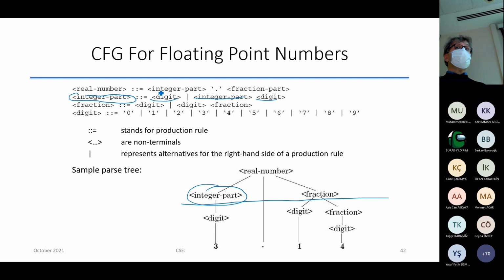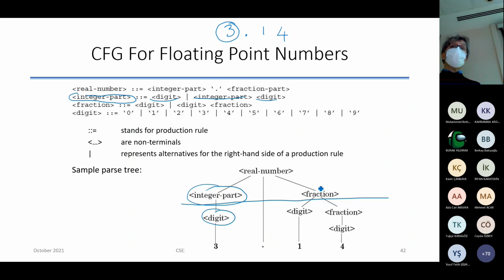If I try integer part goes to integer part and digit, I have in my input, I have this. My input is 3 dot 1 dot and 4. So this part is not going to be expecting two digits on the integer part. I have 1 digit. Therefore, this will be the only possibility that I can derive this.